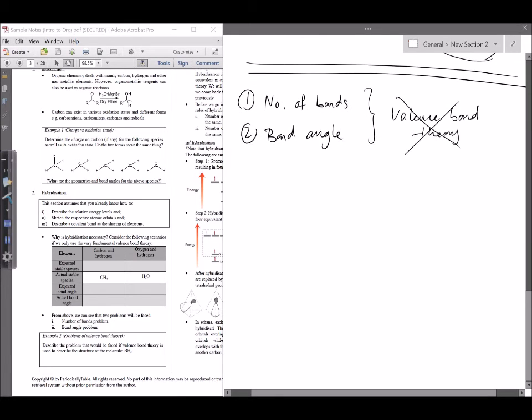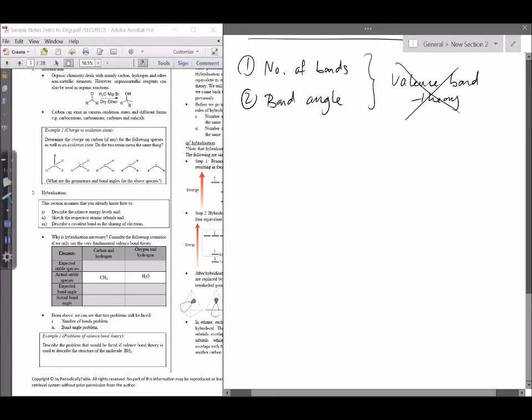So now let's look at an example. Example 2: describe the problem that will be faced if valence bond theory is used to describe the structure of the molecule BH3. Same thing. Firstly, we start off with the energy levels. Now boron is from group 3, so you have 3 electrons.